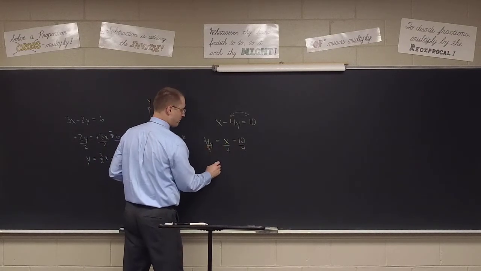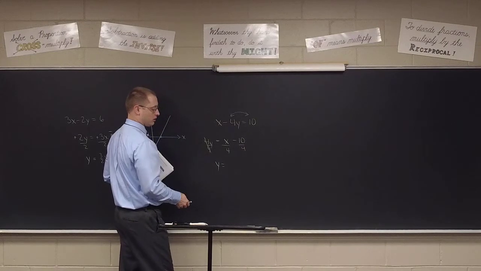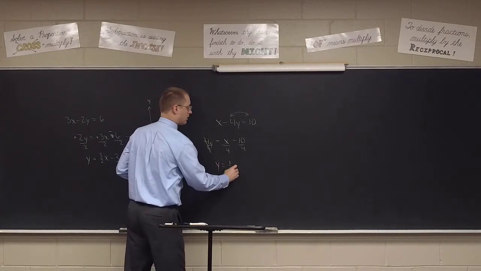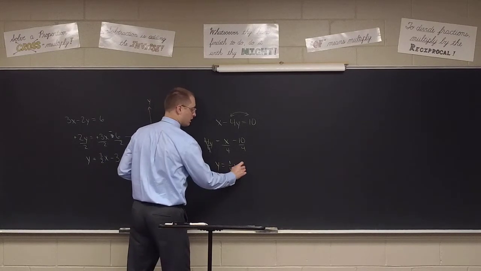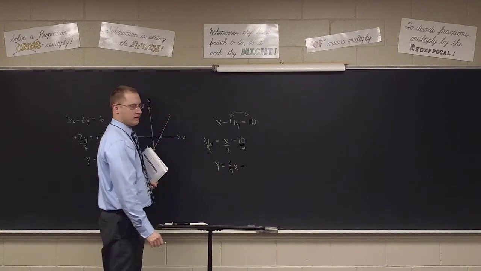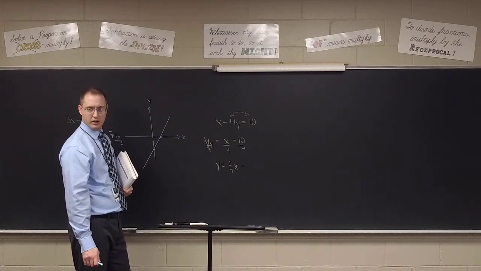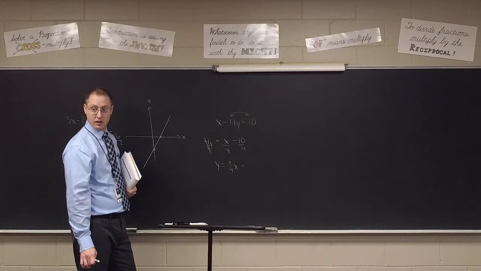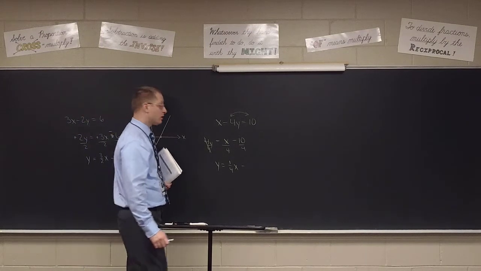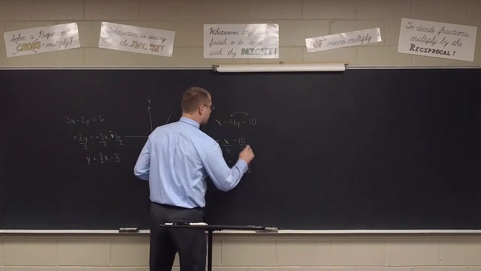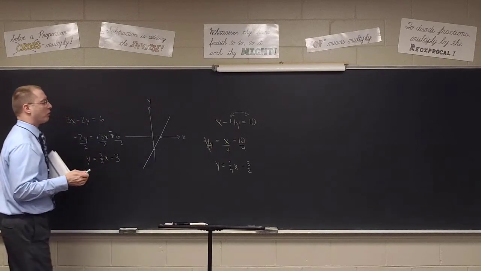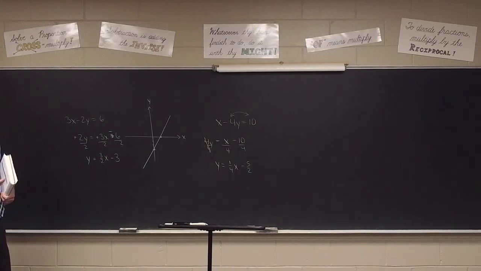And when we do, we end up with y is equal to 1/4 x minus 5 halves. Now, for graphing purposes, we've got to think, well, what does negative 5 halves really mean, Noah?